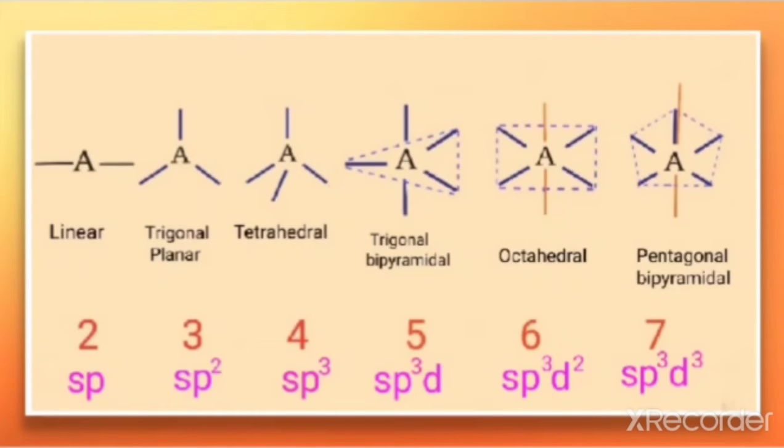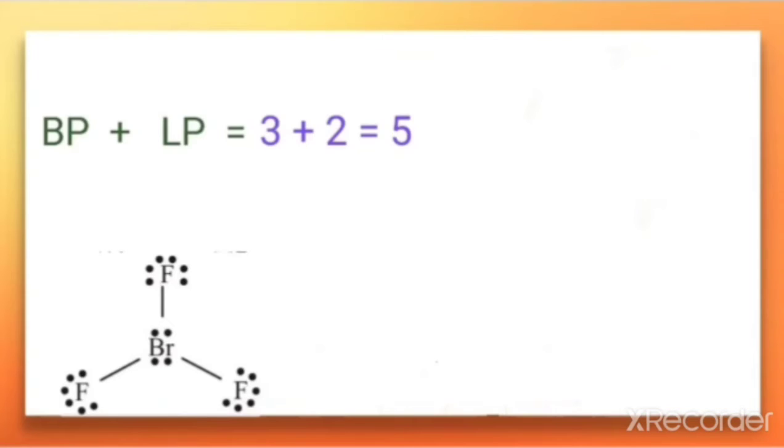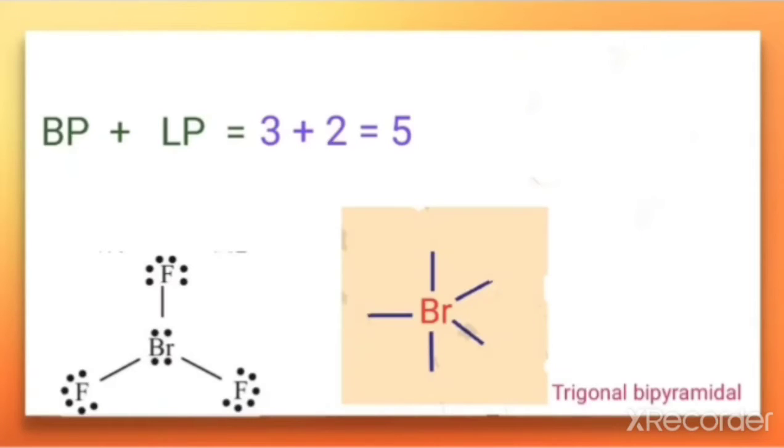So you will be making the trigonal bipyramid structure for BrF3 because we got the total number of electron pairs as 5 here. So we'll be making the trigonal bipyramidal geometry in this way.